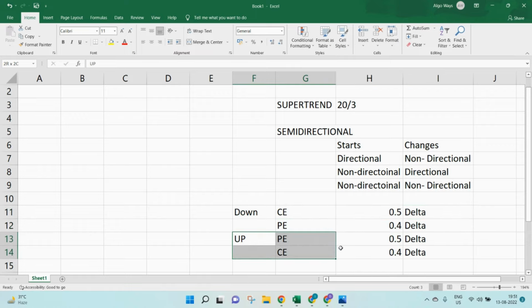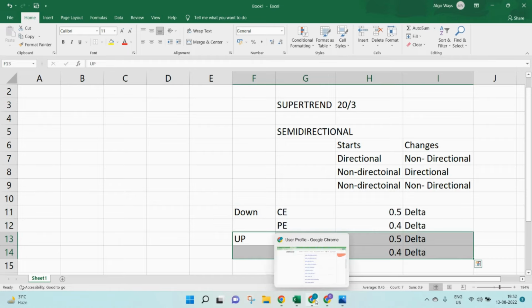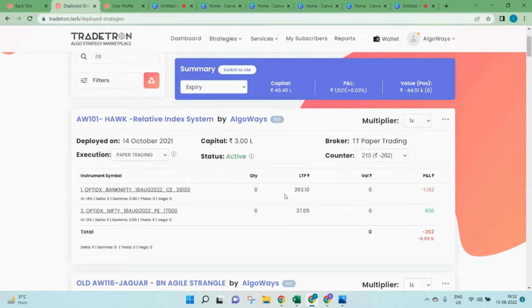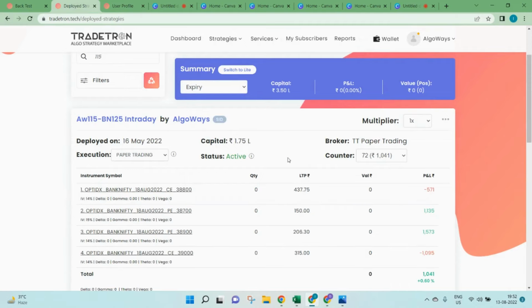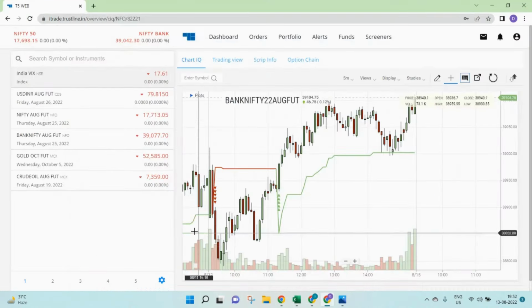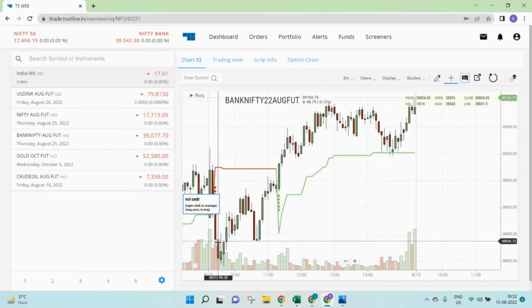Okay. So I have done this strategy in TradeTron. Let me go to TradeTron. So this is AW115. Okay. See, let me take the example of yesterday only. Our initial signal was sell on Supertrend.